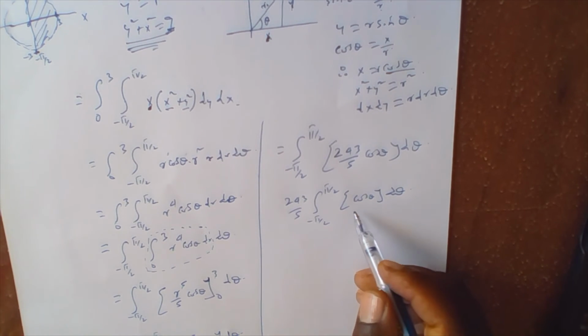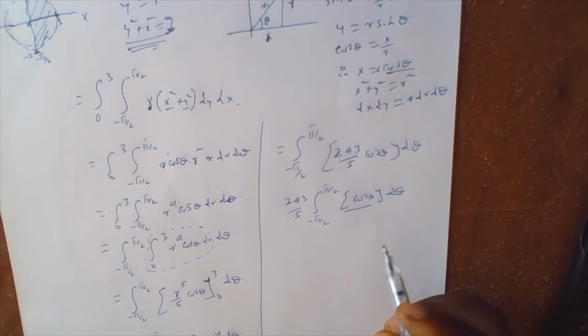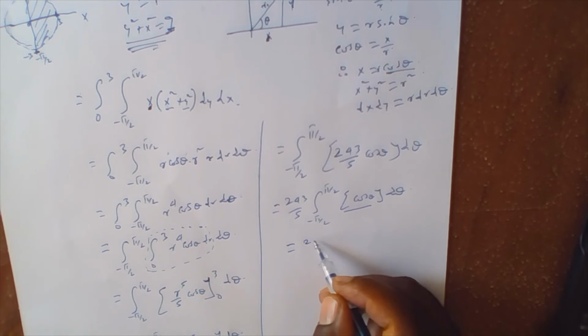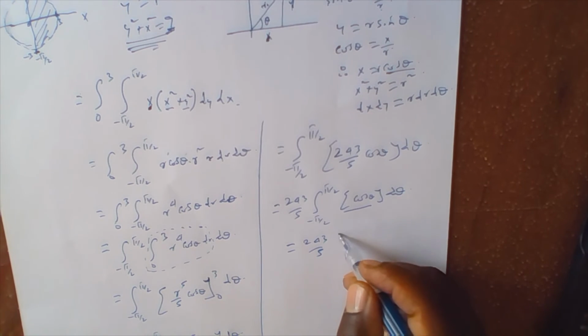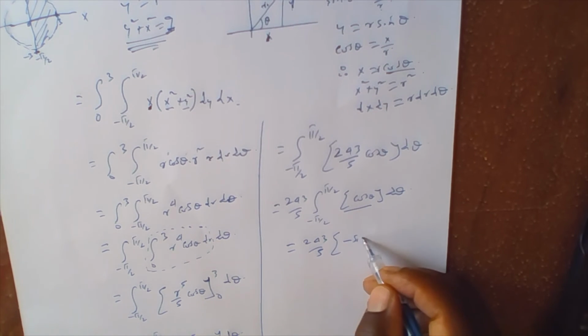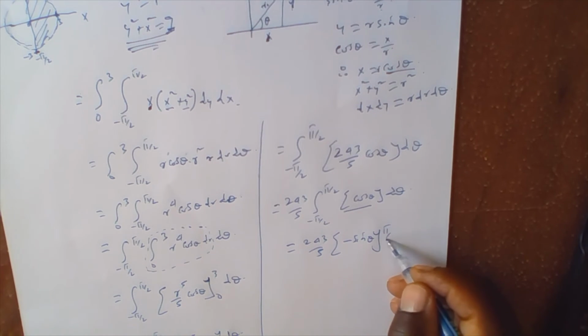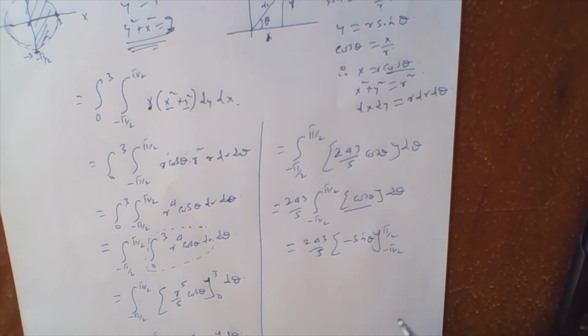So when you integrate cos theta, this will be equal to 243 over 5, it will be minus sine theta, from negative pi over 2 to pi over 2.